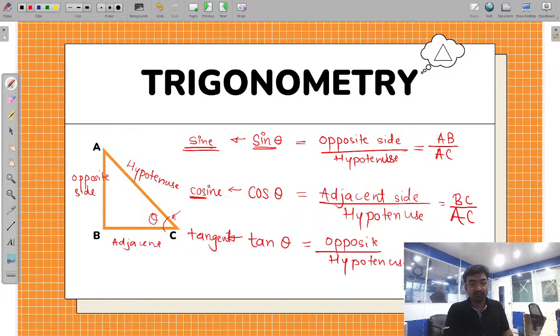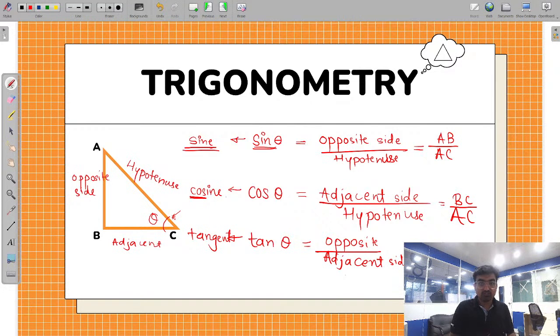Sorry, for tan theta the ratio is opposite side upon adjacent side. My bad, I made a mistake. Opposite side upon adjacent side. What is the opposite side? AB. What is the adjacent side? BC, correct? So for tan theta the ratio is AB upon BC, that is opposite side upon adjacent side.